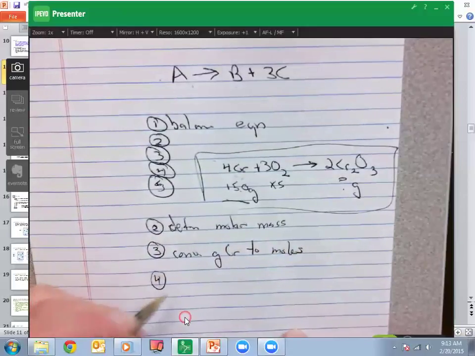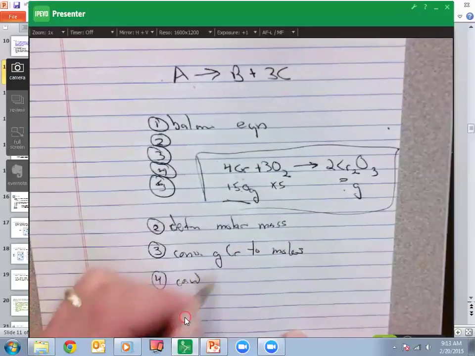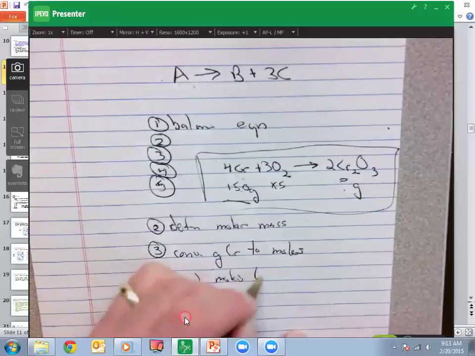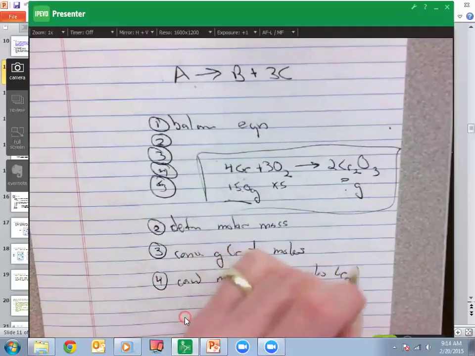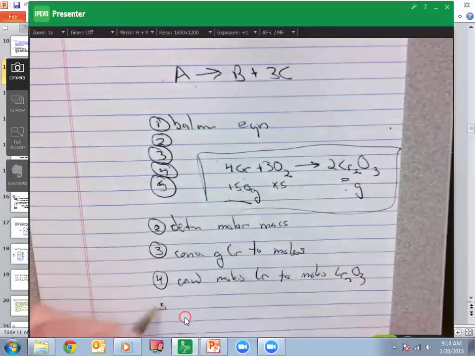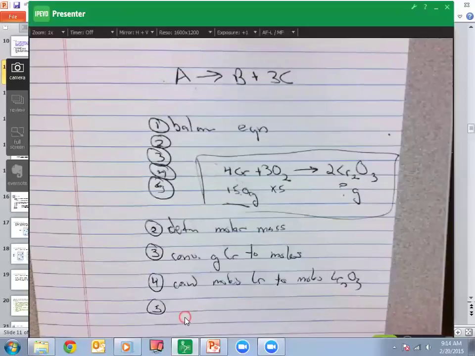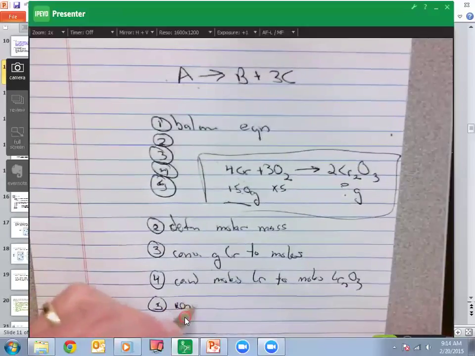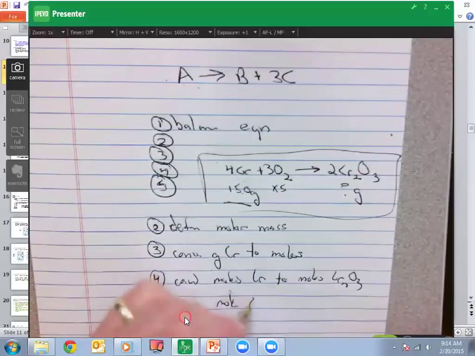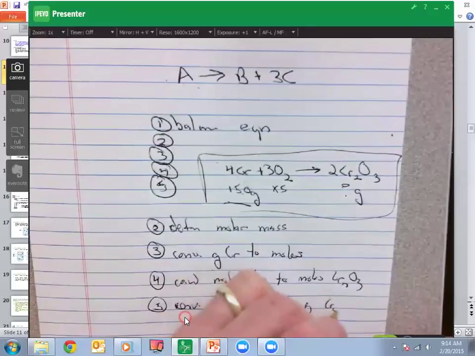Fourth step was what? Convert moles chromium to moles of chromium oxide. Yeah, we skipped. Fifth step is what? Convert moles chromium oxide to grams chromium oxide.